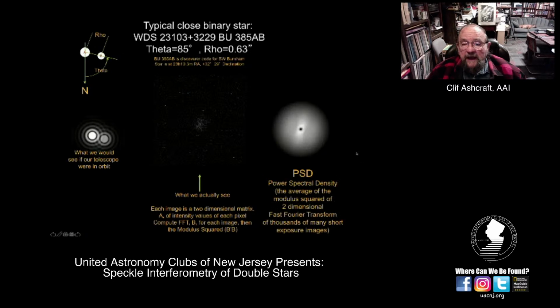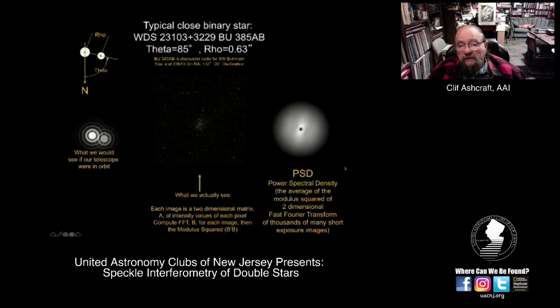We then average those over all of the images we took, and we get something called the power spectral density, which you can see already has some information in it. You notice that there's something that looks like fringes lined up in this direction, which is perpendicular to the line between the two stars, and maybe the spacing of those would have some meaning about the separation.